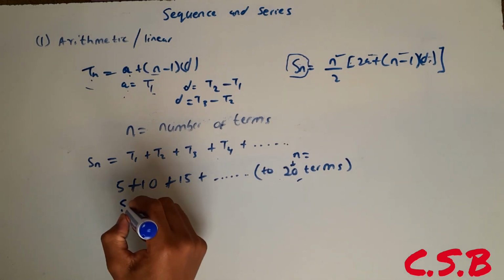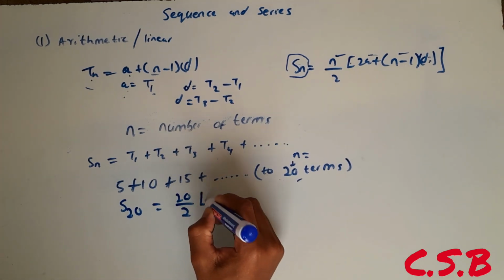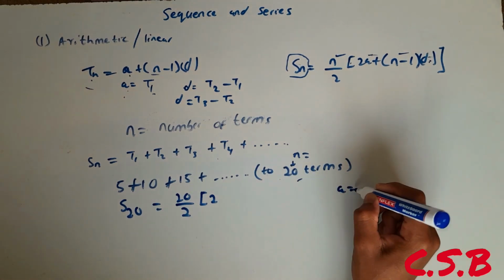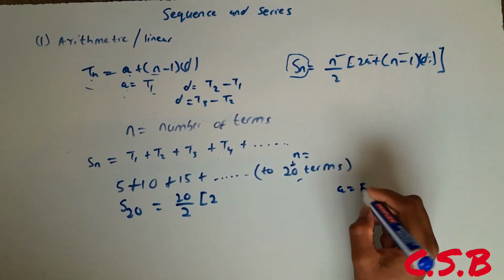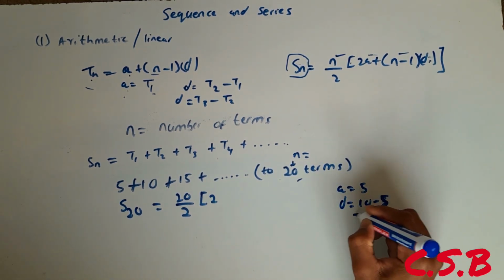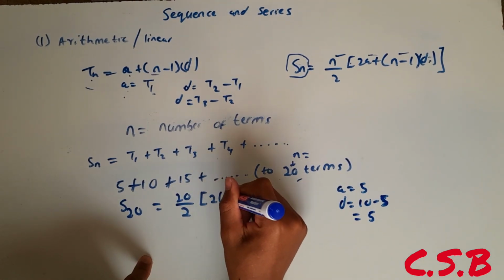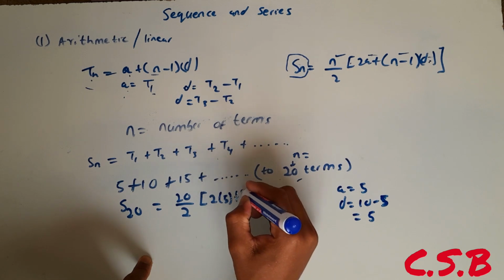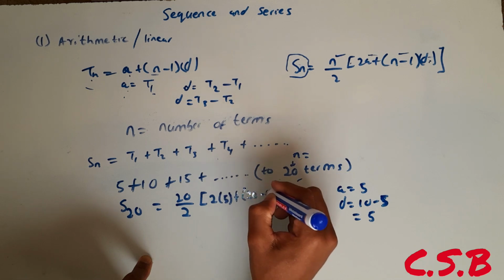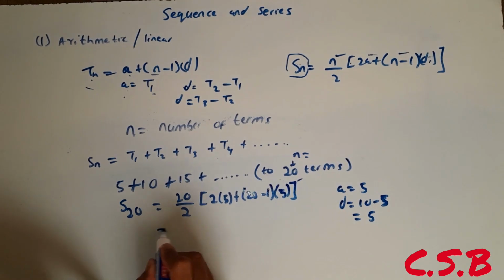So we could say S20 is equal to 20 over 2 into 2a plus (n minus 1)d. Let's find our a. In this sequence a is 5, then the difference is 10 minus 5, which is 5. So this is 2 times 5 plus, our n is 20 minus 1, times our difference of 5.